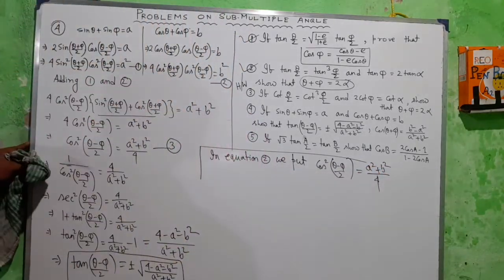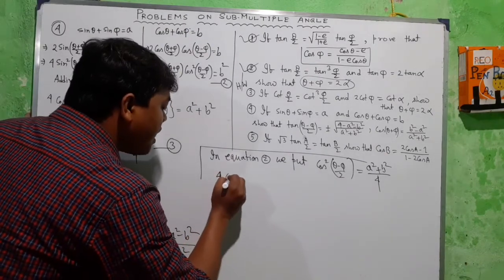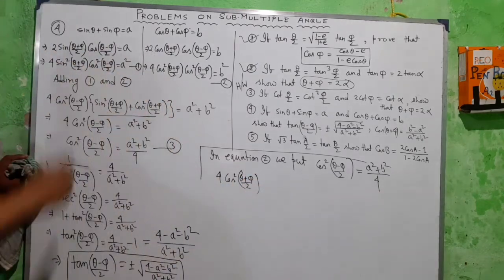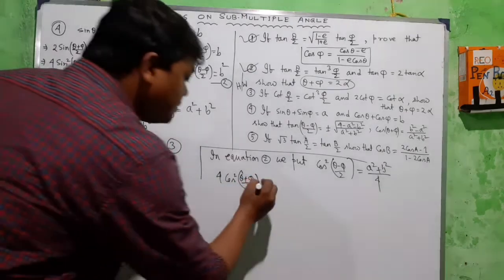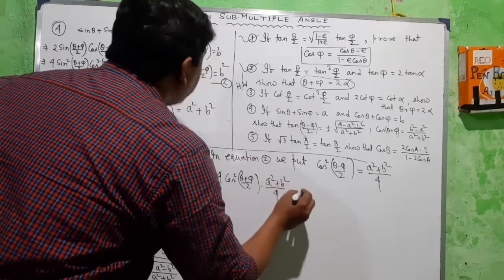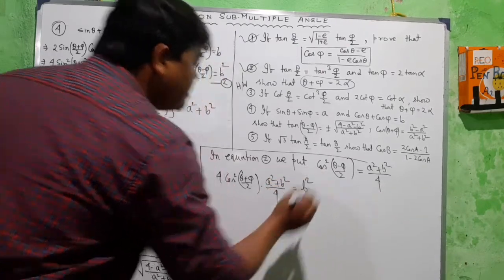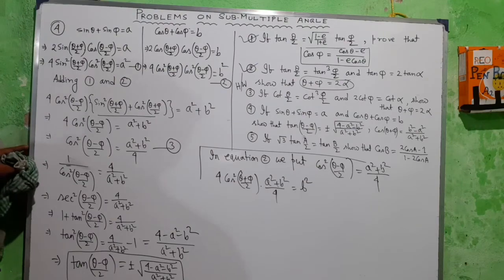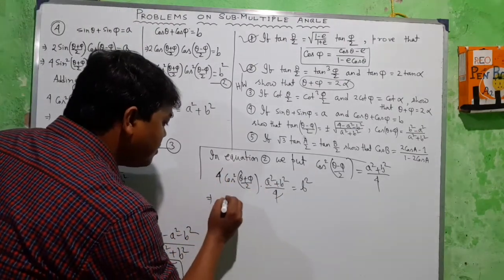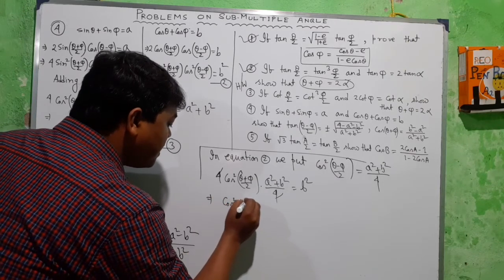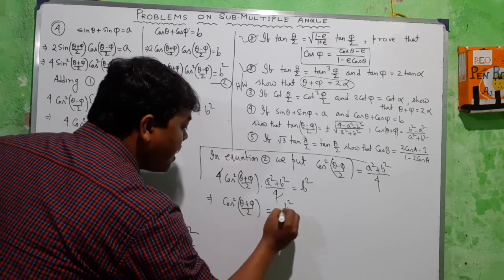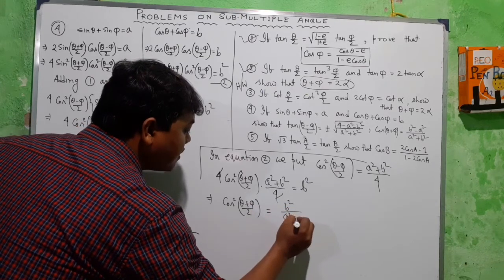So in equation 2, 4 cos square (theta plus phi)/2, and if we put cos square (theta minus phi)/2, that is (a square plus b square) by 4, that equals b square, right? So 4 cancelled. So we are getting cos square (theta plus phi)/2 equals b square by (a square plus b square).